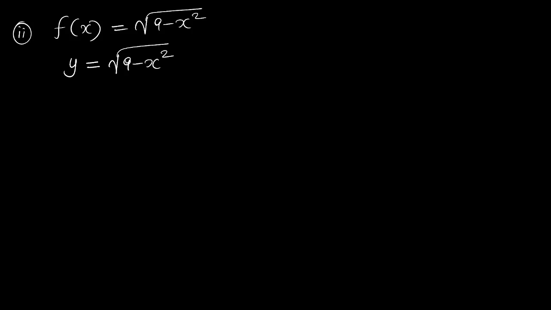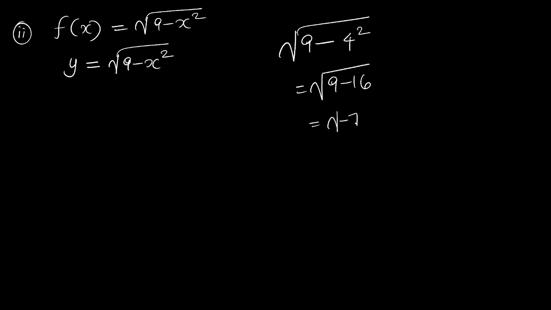For example, if you put x equal to 4, this expression is not valid. It's just an example. 9 minus 16, you will get root of minus 7, not defined. The square root of a negative number is not defined. We studied that we can find the square root of a positive number only, or 0.